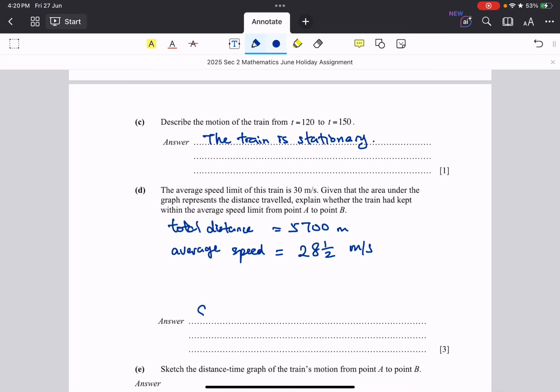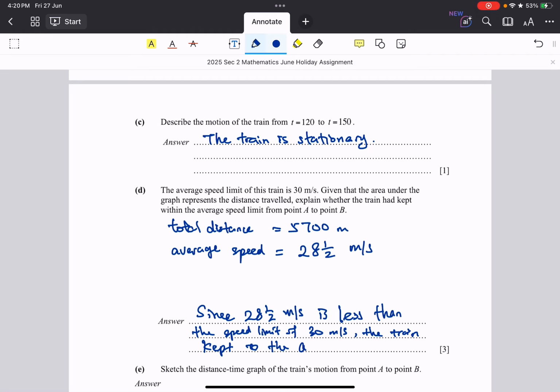So since 28.5 meters per second is less than the speed limit of 30 meters per second, the train kept to the average speed limit. There we go.